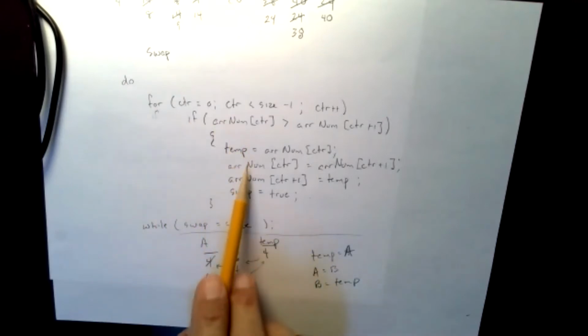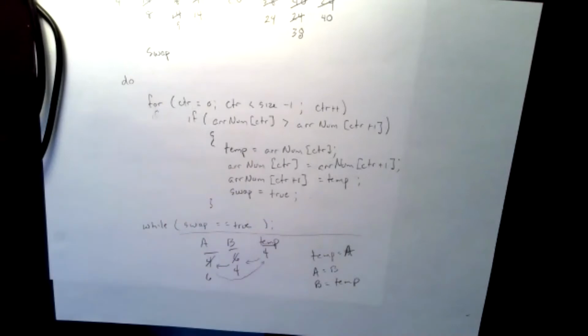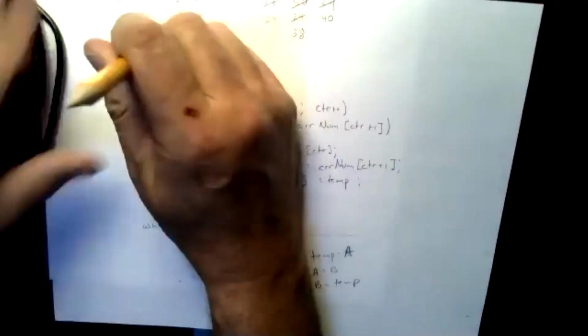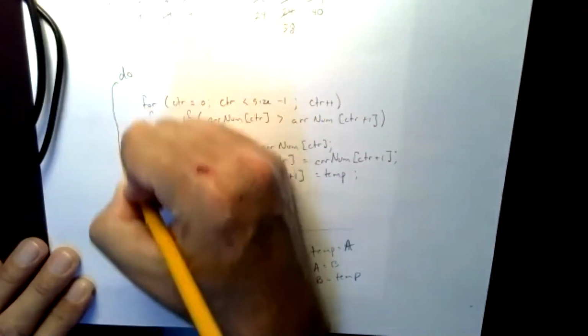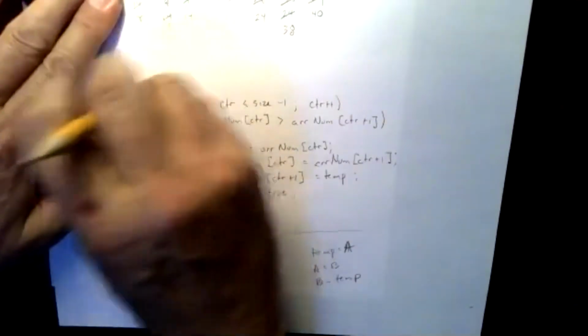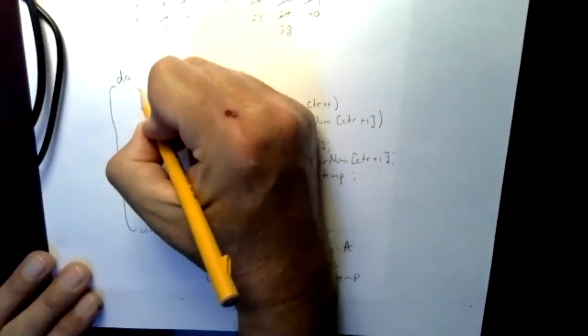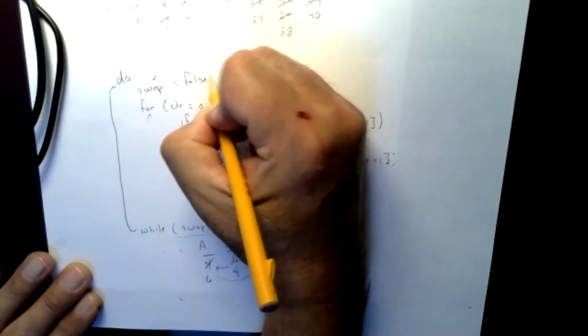So if it is true and I swap something, when I come back up to my do loop, what would I need to do first? You need to assign swap to false at the beginning of the do loop. So maybe I'm even gonna just do something like this. And here's my do. And the first thing is, not false, but swap is assigned the value of false.